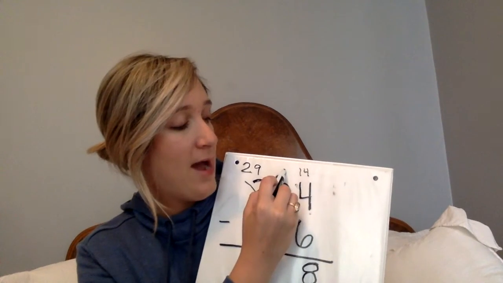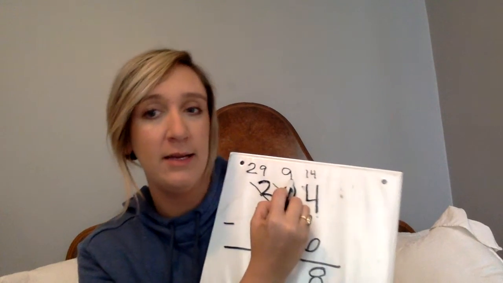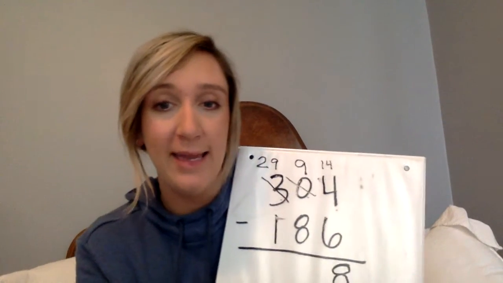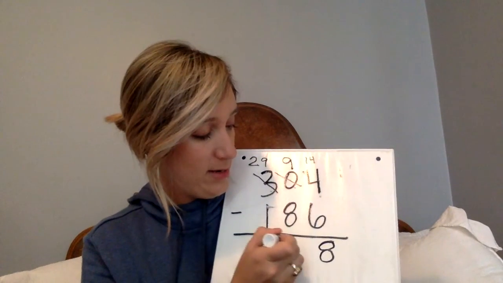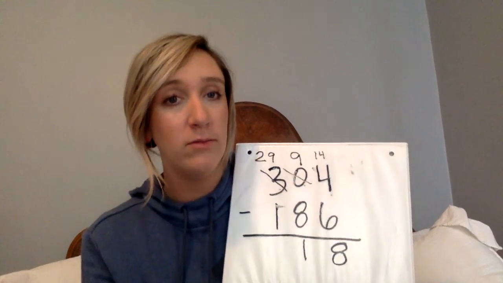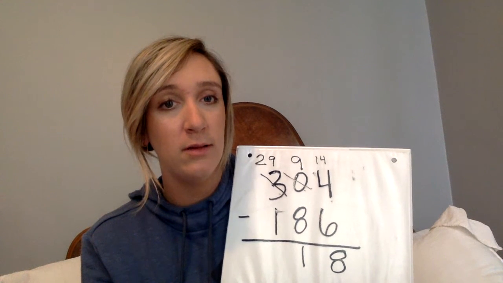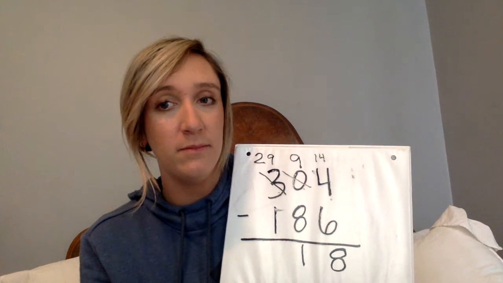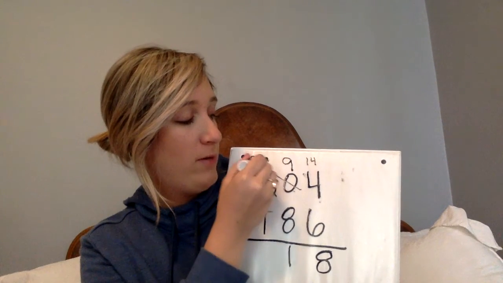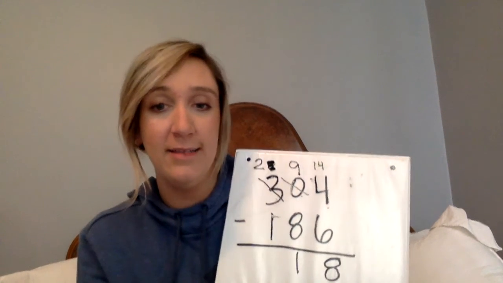No, it's going to be 9. Good job, guys. So, what is 9 minus 8? It's 1. Good job. How many hundreds are we starting with now? Yes, we're going to act like we don't have that 9.